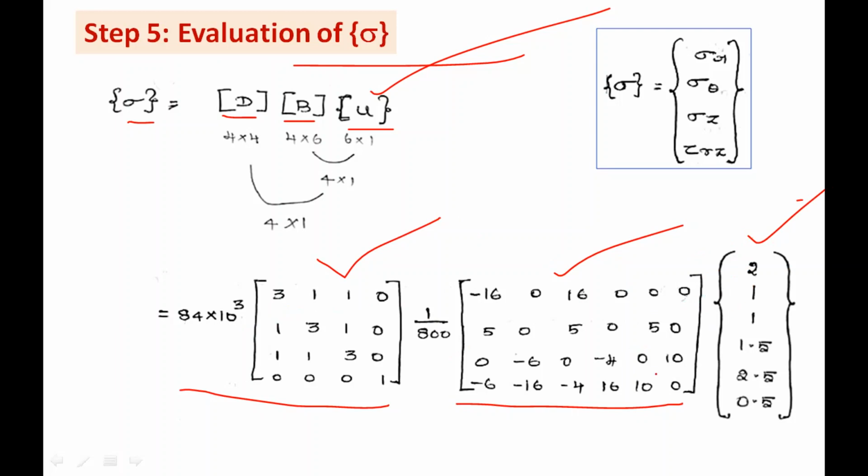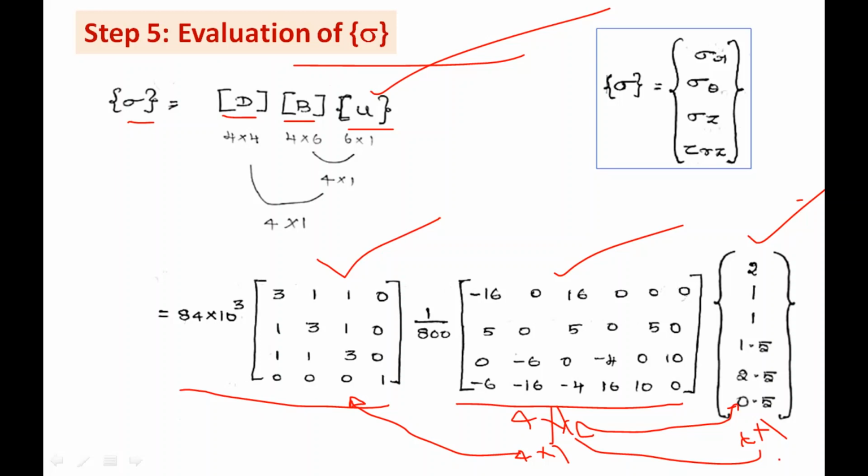Now for solving this type 1 problem, we can first multiply these two matrices. Now this is a 4 by 6 matrix and this is a 6 by 1 matrix. Multiplying these two will give 4 by 1 matrix. Then that 4 by 1 matrix may be multiplied with this 4 by 4 matrix. Then we can easily find the four stress values. Without using the calculator, we are able to do it manually.